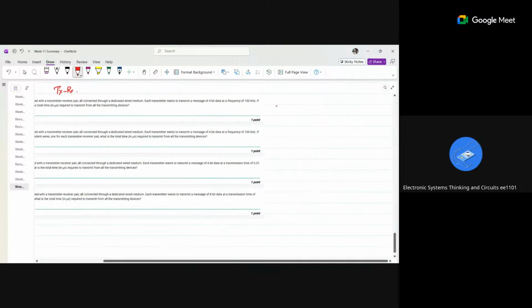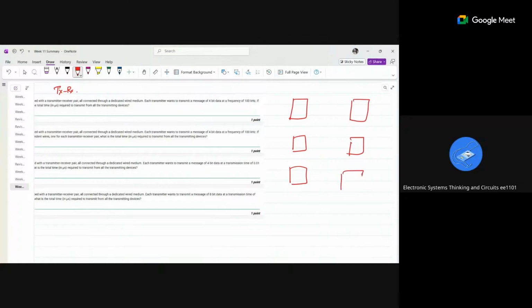That is, there are 4 devices, each having a dedicated wired medium, with transmitter and receiver pairs, and each has 4-bit data.